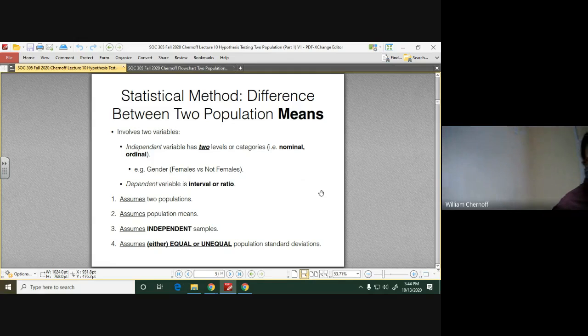So the independent variable is the variable that defines the groups. You'll imagine it'll be things like gender or the dichotomized academic class standing. So whenever we're thinking independent variables, think levels, think categories. Whenever we're talking about dependent variables, you want to think about interval and ratio level variables.